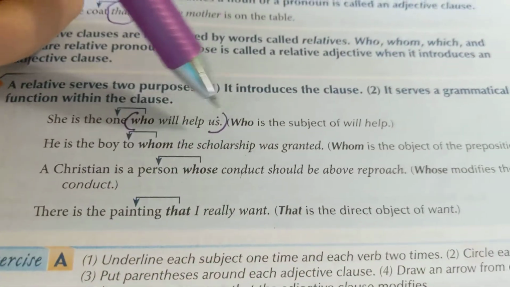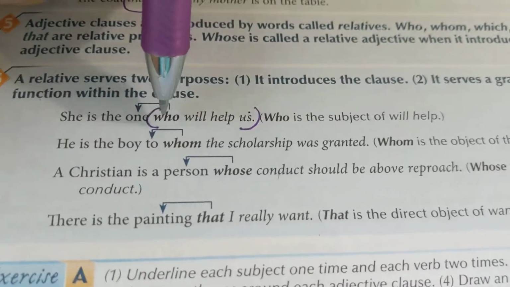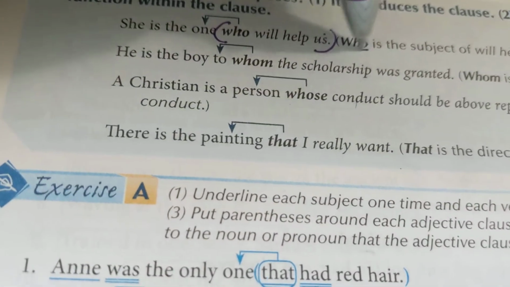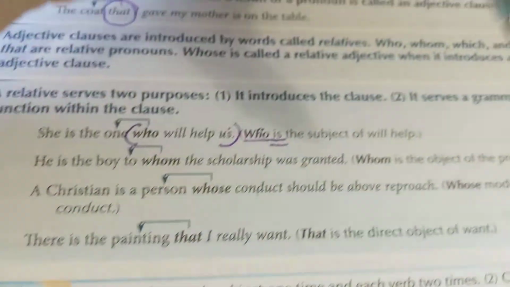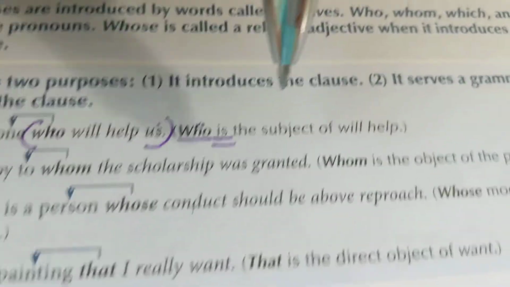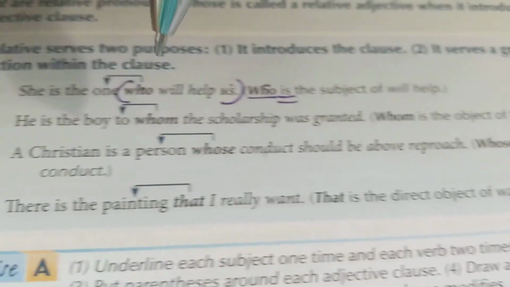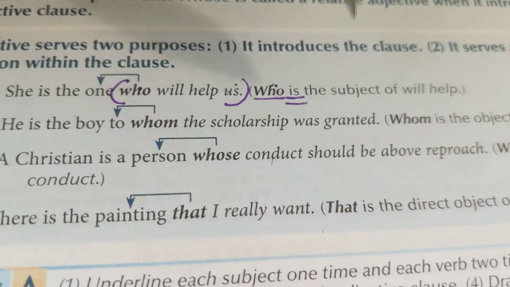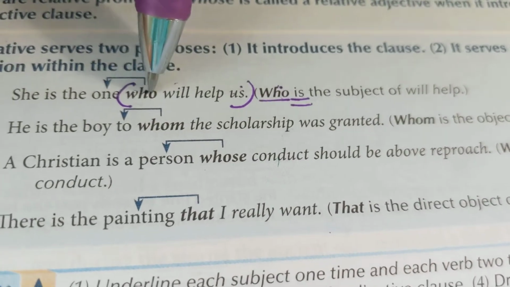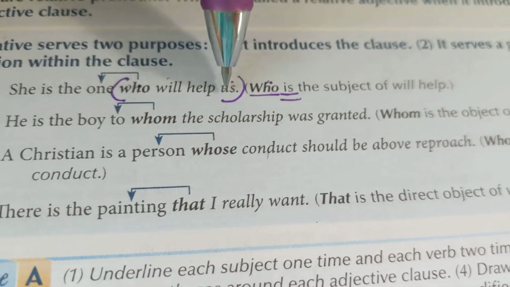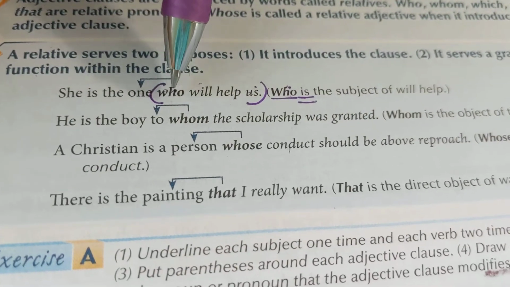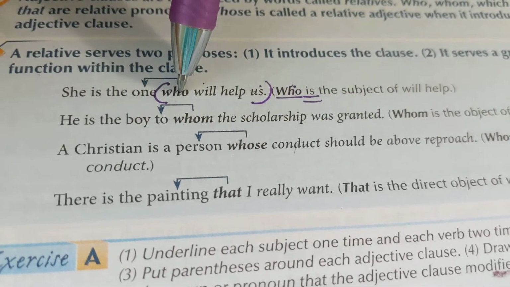The job of who in this clause is acting as a subject, so you could say who is. Now, can this stand by itself? Can I just say who will help us? If it was a question, maybe, but it's just a statement, so no, that cannot stand by itself. The grammatical function, or the role, of who in this clause is the subject.